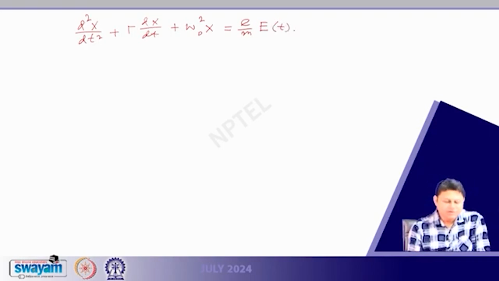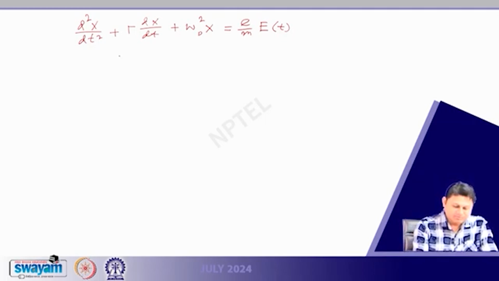So this is the differential equation we have to solve. This is an inhomogeneous differential equation, but E(t) is E0 e to the power of i omega t.